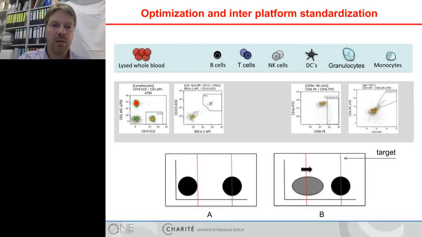But we are also interested in the optimization of the inter-platform standardization. Because we are using bright MFI targets, after the standardization procedure we will have the same MFI target for the positive value at each cytometer.